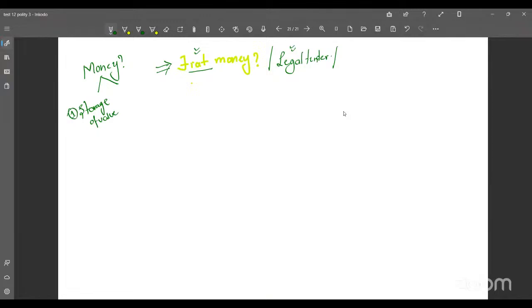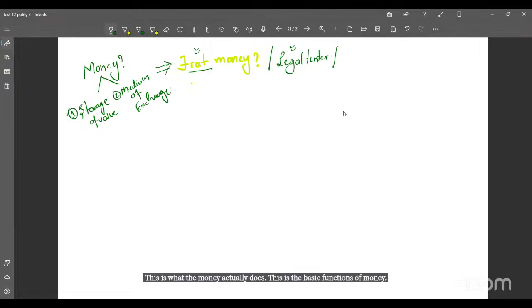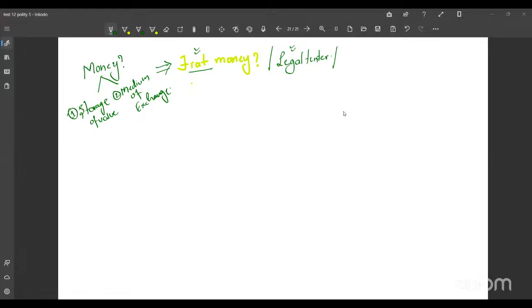And it also acts as a medium of exchange. So this is what money actually does. These are the basic functions of money. So with this, you have to know what fiat money is.